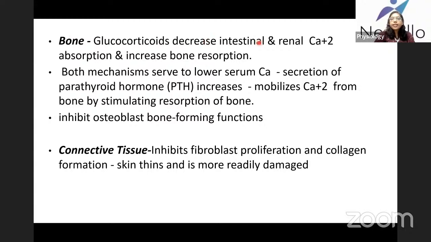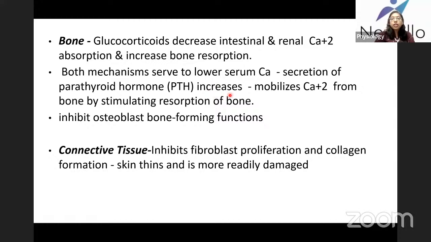Glucocorticoid decreases the intestinal and renal calcium absorption and increases the bone resorption. So obviously the bones become brittle. Both these mechanisms lower the serum calcium, and because of this, the parathyroid hormone secretion is increased.